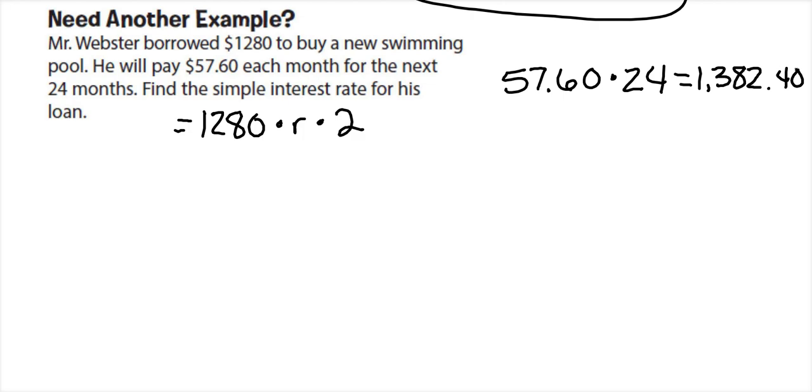The interest means what the bank makes off of him, so we subtract how much he actually borrowed. He paid $1,382.40 and borrowed $1,280, so the bank only made $102.40. Not very much.